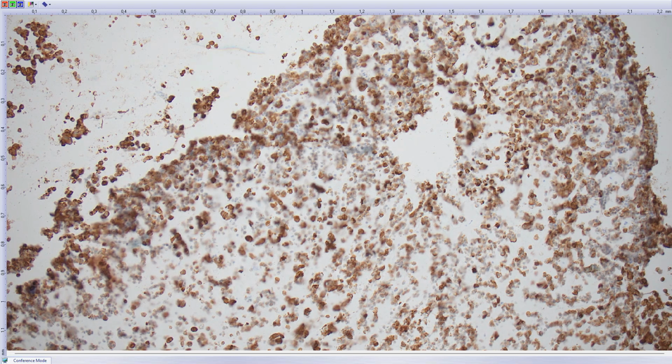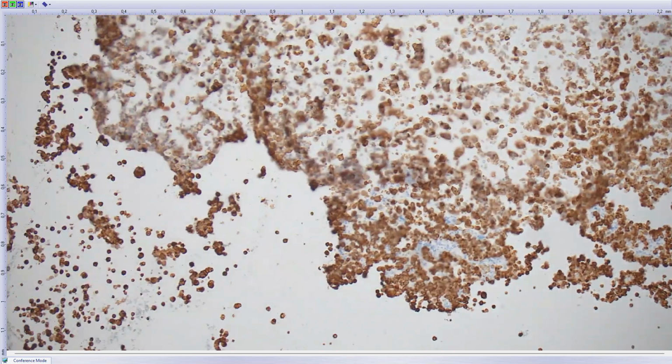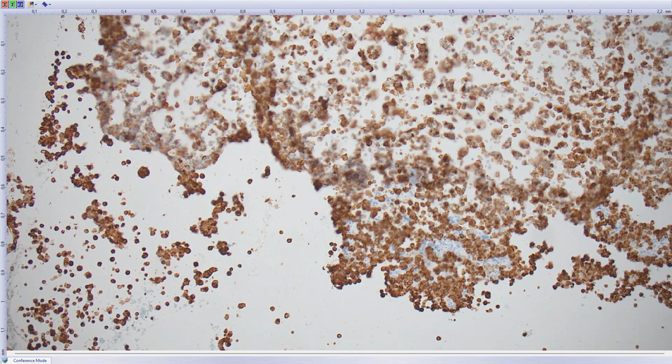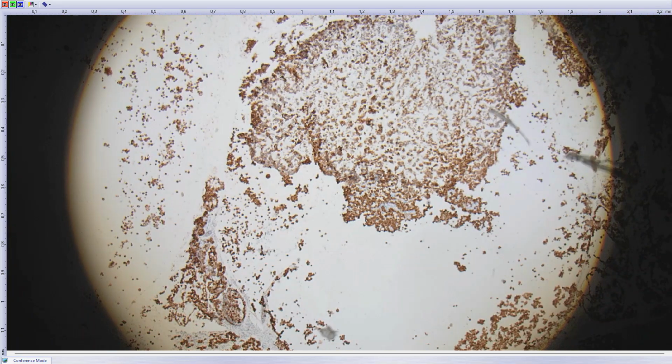So the tumor was AE1, AE3 positive, CK7 positive, SOX10 positive, S100 positive, and CK5, 6 positive. So we have most likely a tumor of salivary gland origin. So that's what the immunoprofile was.